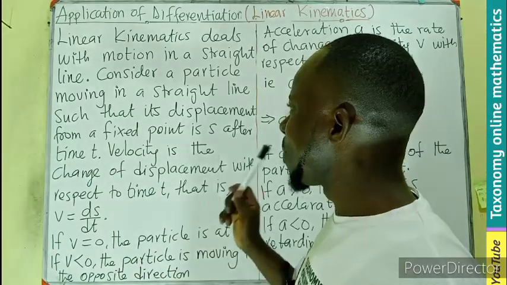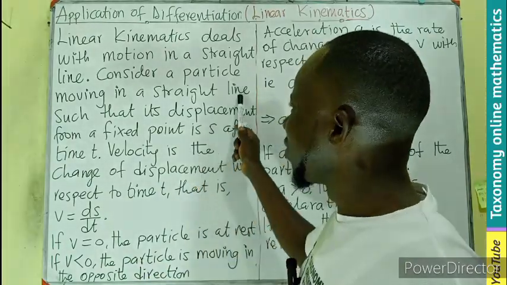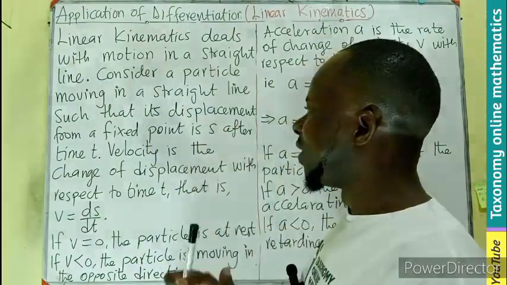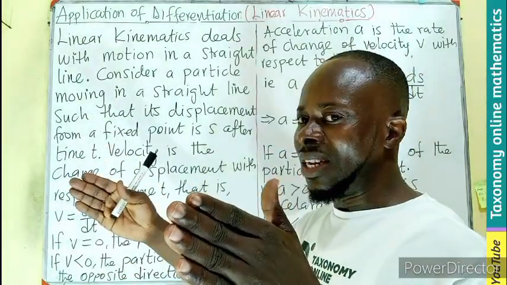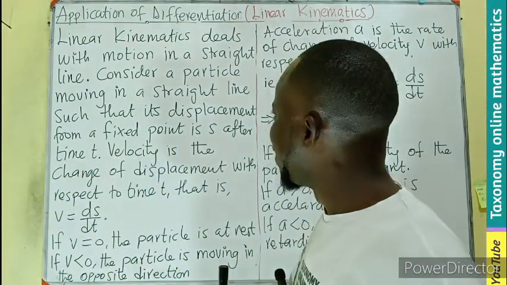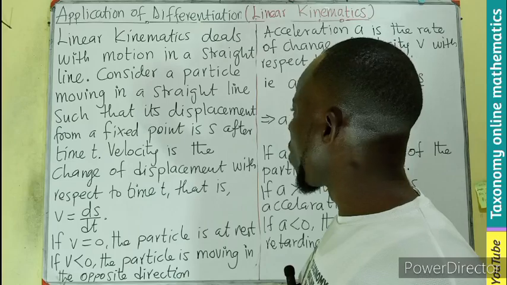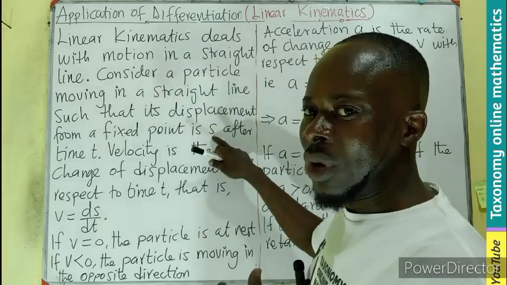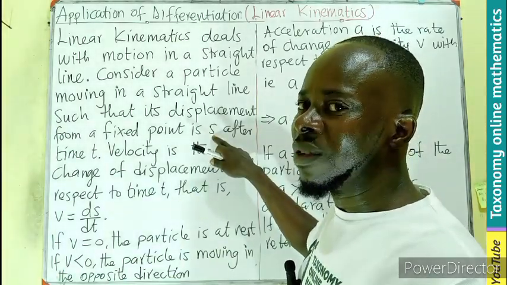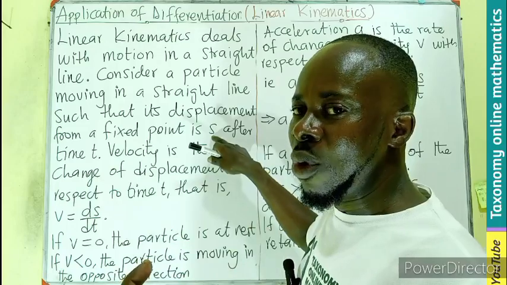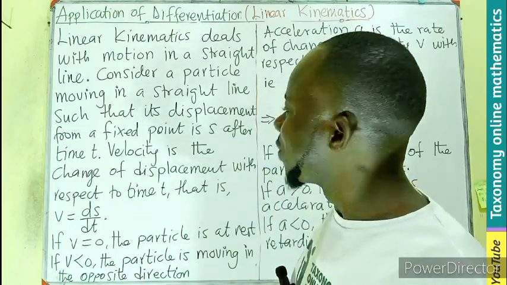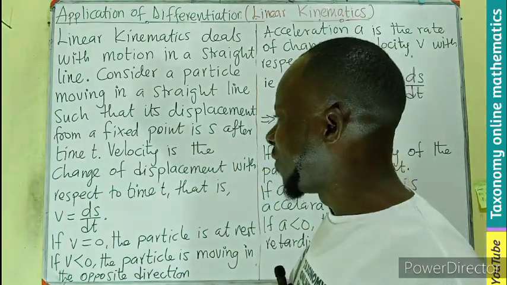If you consider a particle which is moving in a straight line such that its displacement from a fixed point is s, we are using s to represent the displacement. It could be d, it could also be h, after a time t.